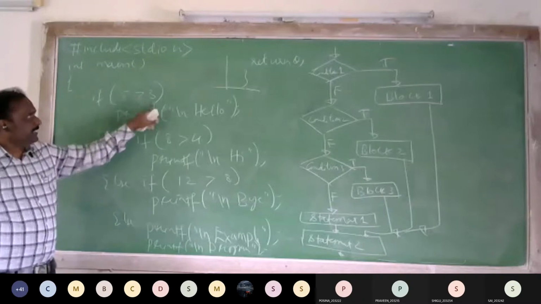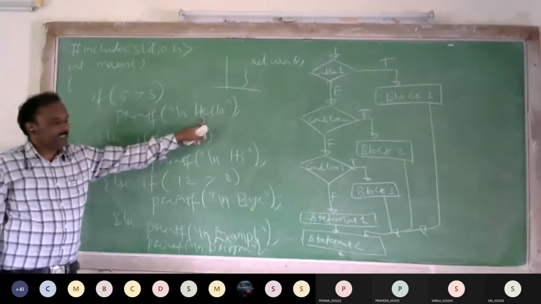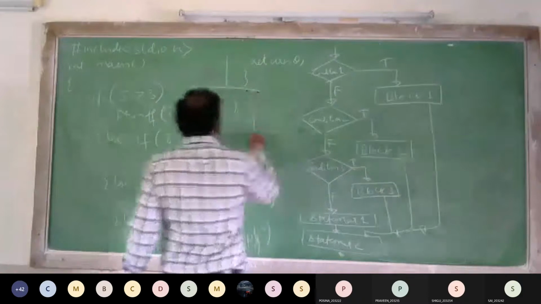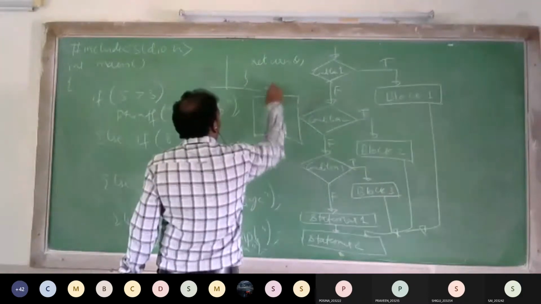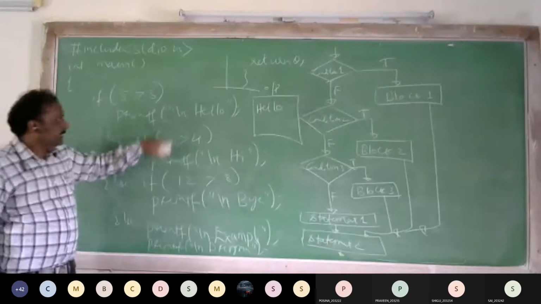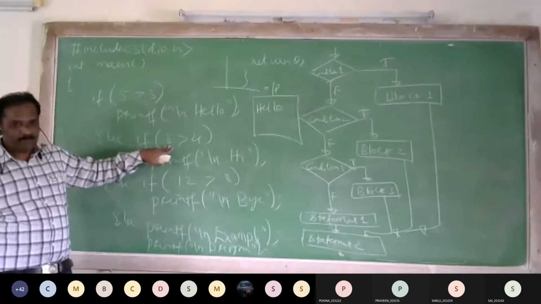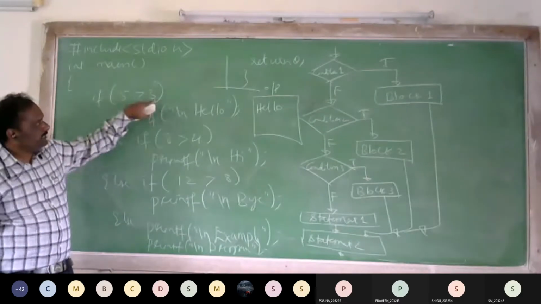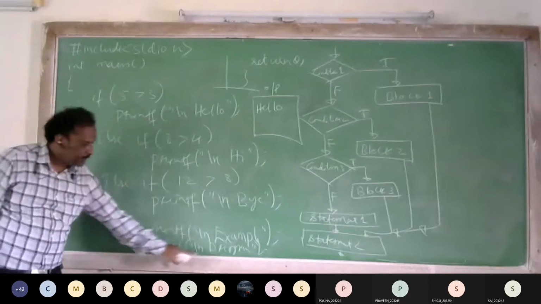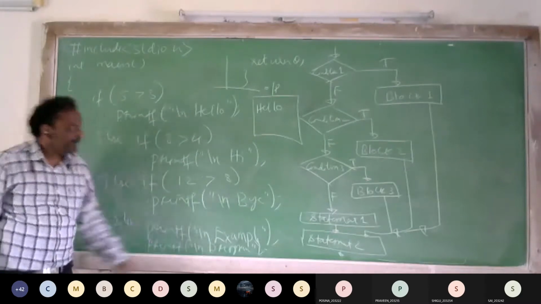So 5 greater than 3 is true, then it will print hello. So what is the output? The output here is hello. Now it will not test the other conditions, because condition 1 is true, it will print here and directly come outside. So what is the last statement? The last statement is program.